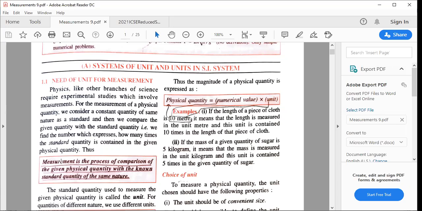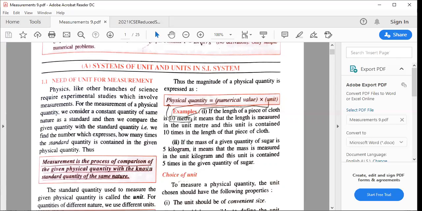So what is measurement? It is the process of comparison of the given physical quantity, here the mass of sugar, with the known standard quantity of the same nature. What is the known standard quantity? Mass is always going to be measured in kilograms. So you are not going to compare mass with length.